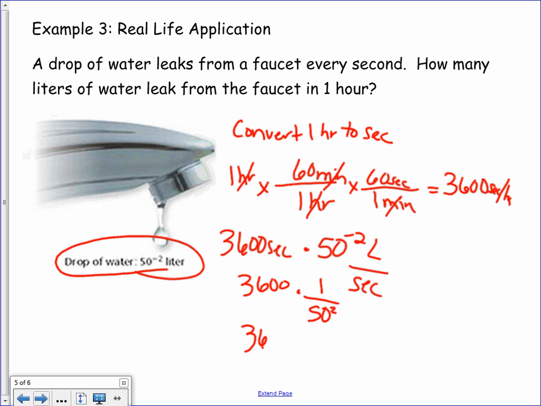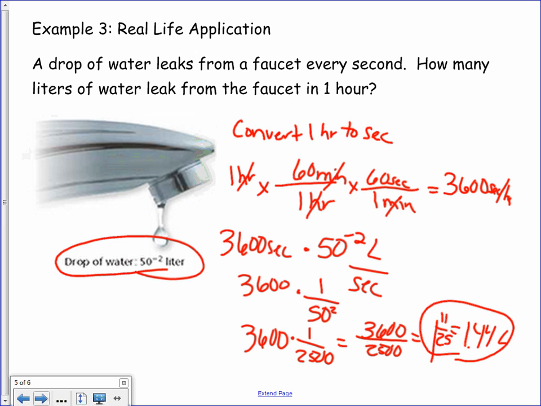Then evaluate 50 squared, 50 times 50, which is 2,500. We get 3,600 over 2,500, and we can simplify that using our calculator to 1 and 11/25, which equals 1.44 liters as a decimal. So we are leaking 1.44 liters of water every hour from that faucet.